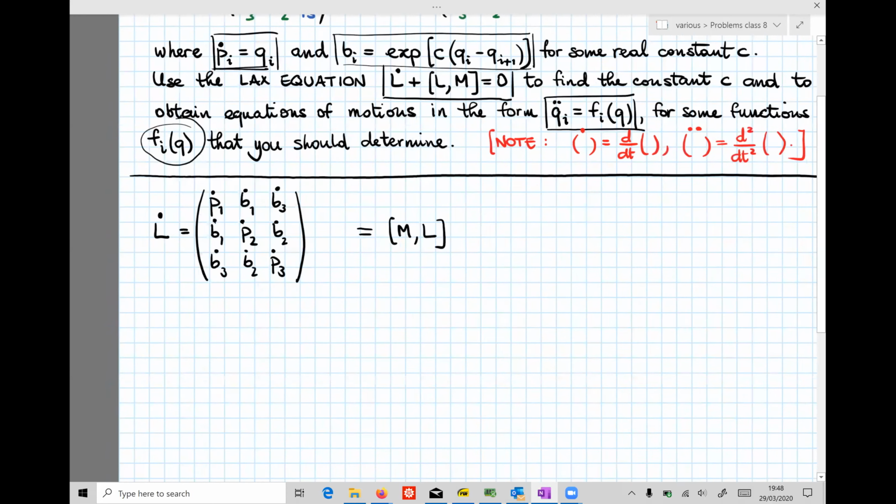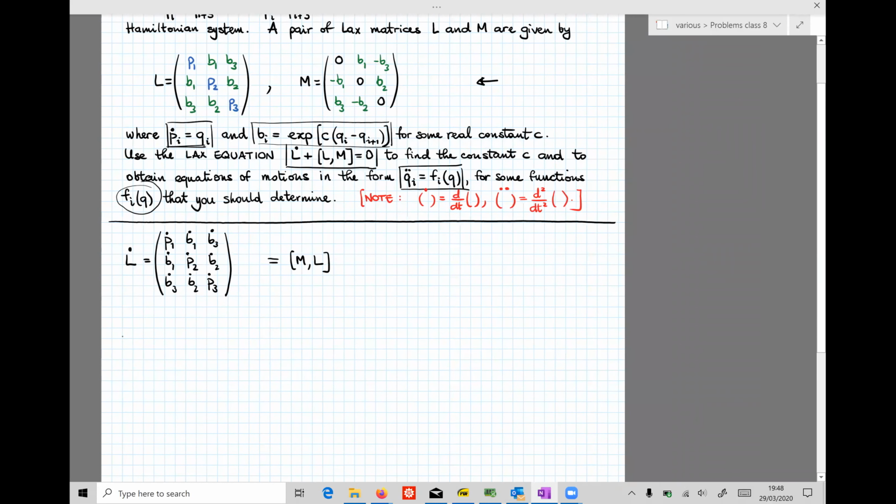So let's compute that commutator. Let's compute ML and LM separately. For M times L, in the first entry, I have B1 squared minus B3 squared. Then entry 1,2 is 0 times B1, plus B1 times P2, sorry, minus B3 times B2.